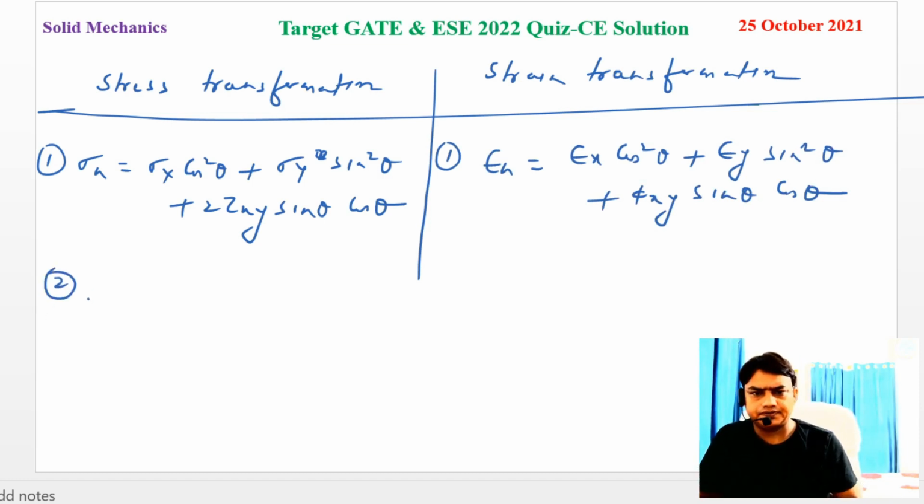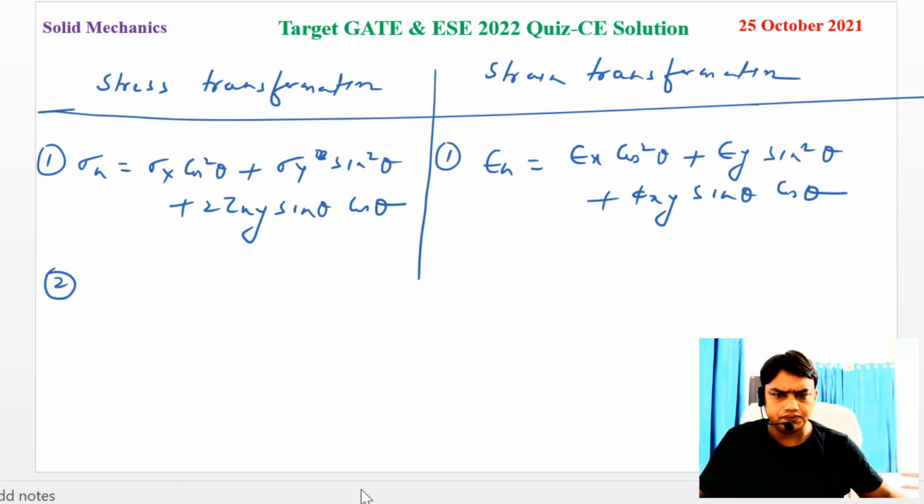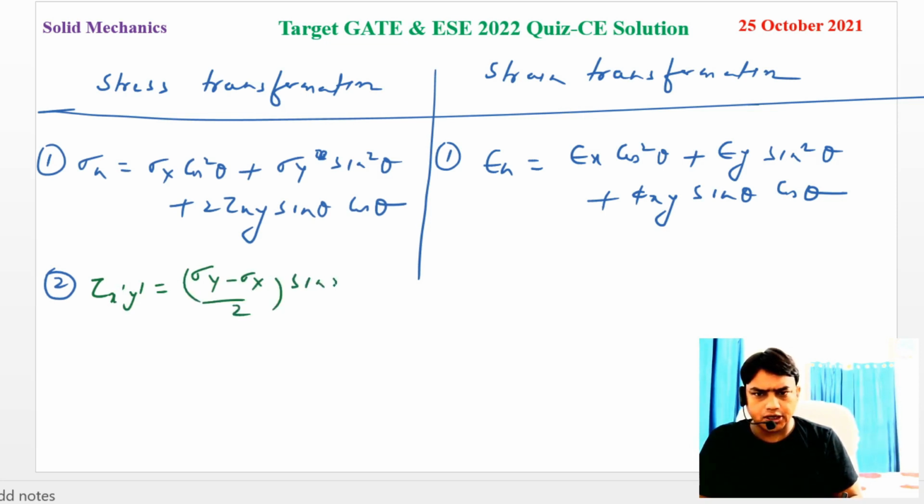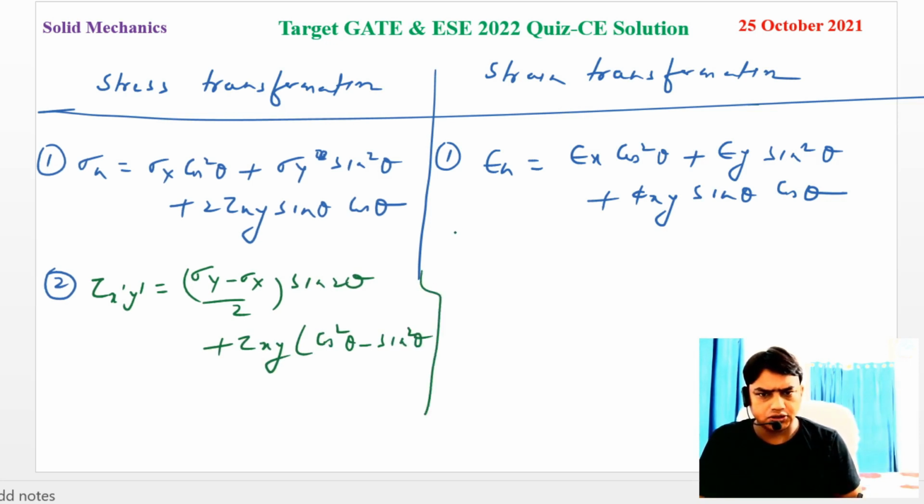The shear stress transformation is tau x'y' equal to (sigma y minus sigma x) by 2 sin 2 theta plus tau xy (cos square theta minus sin square theta).